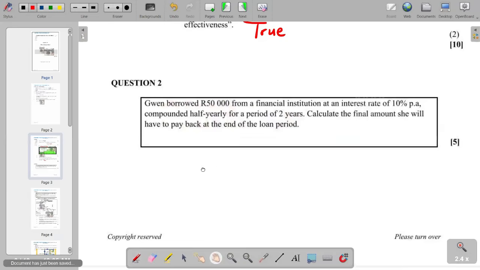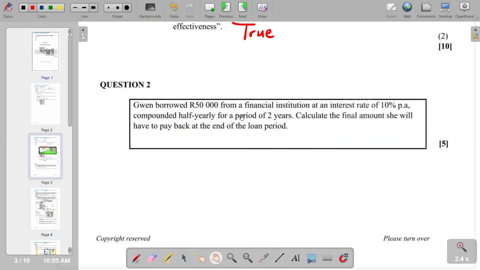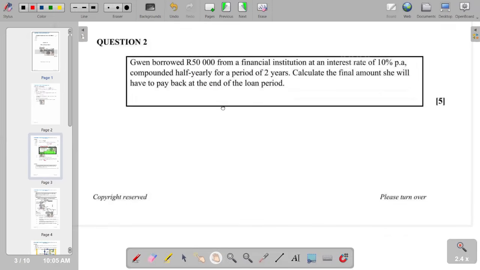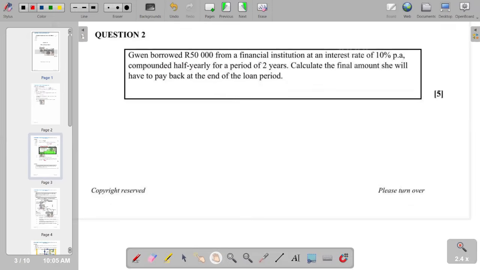Our question two reads: Gwen borrowed 50,000 rands from a financial institution at an interest rate of 10% per annum, compounded half yearly for a period of 2 years. Calculate the final amount she will have to pay at the end of the loan period. In this case, we are going to make our calculation as compound interest.